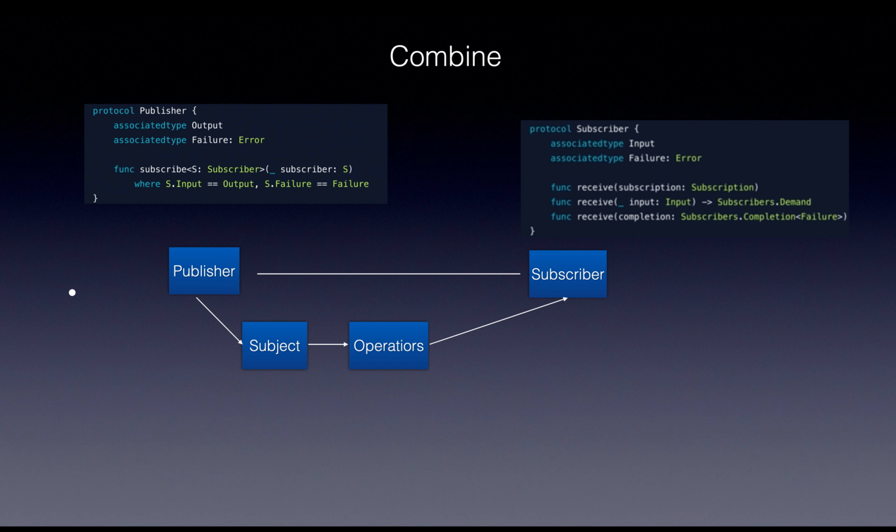We can make use of those operators to modify the data, and in the process we might need to transform the value type or transform to another publisher. The operators do those operations on the data, and it is emitted to the subscriber.